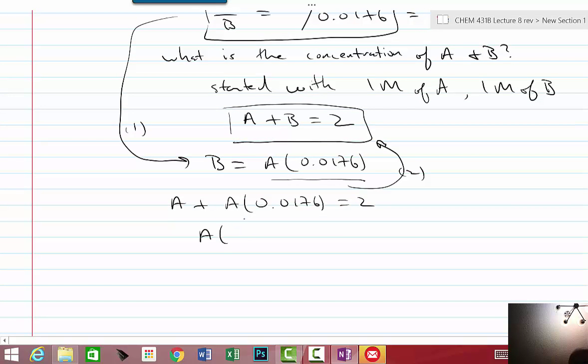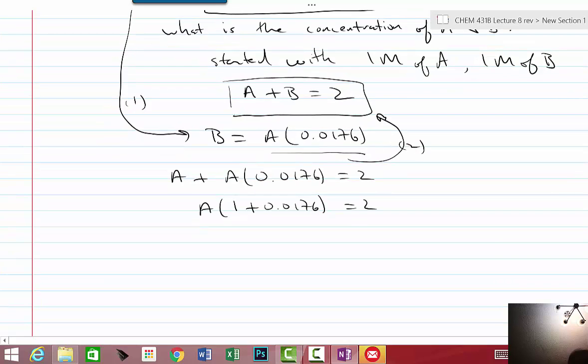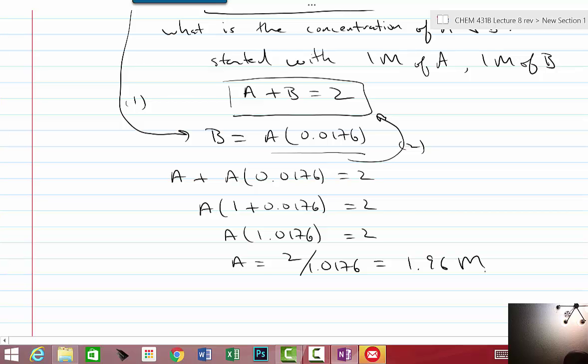We can pull A out of this equation: A multiplied by 1 plus 0.0176 is equal to 2. So A multiplied by 1.0176 is equal to 2, and A is equal to 2 divided by 1.0176. When I do that, I get 1.96 molar.